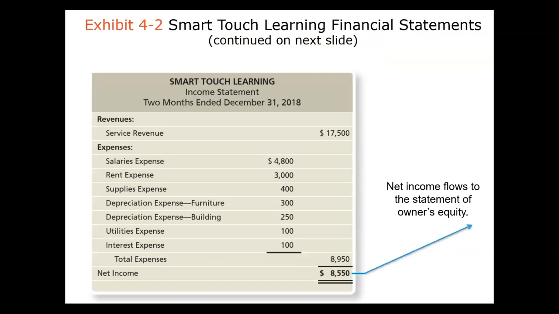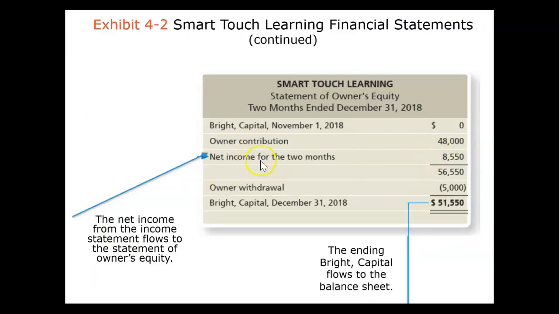So I've put these exhibits in your notes just to allow you to see how that all flows. This is an example of an income statement. We have the net income that we computed here. That dollar amount is going to flow over to the statement of owner's equity, and it's going to go right on the net income for the 2 months.